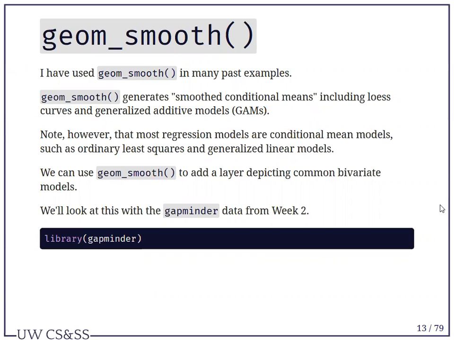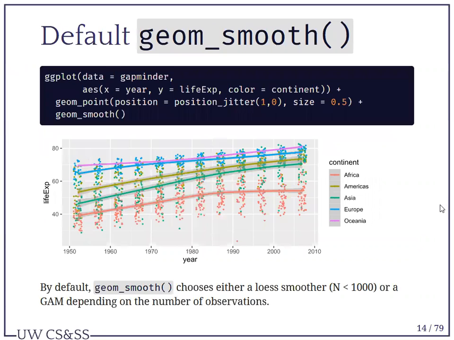That means that we can use geom smooth to add a layer depicting common bivariate models, but we wouldn't be able to hold all the other variables in a model at their mean, for instance. So I'll show you what I mean. We'll look at the Gapminder data from week 2. If we use the default geom smooth, we're looking at year on the x-axis and life expectancy on the y-axis.